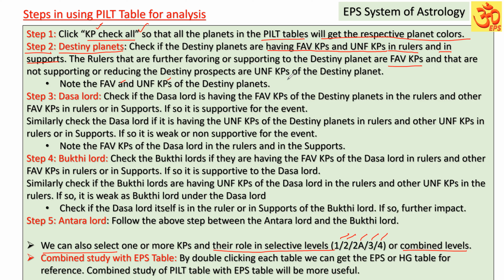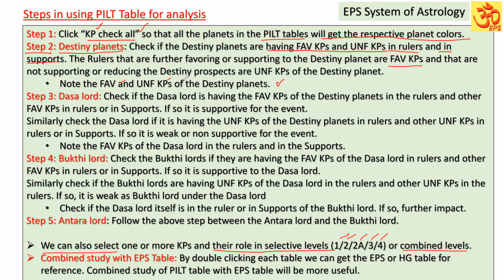Whatever is present, we take as the favorable and unfavorable key planets of the destiny planet. Whether the destiny planet is further reduced by the unfavorable key planet, or its strength is increased by the favorable key planets, we have to take it, and they are called destiny planets.